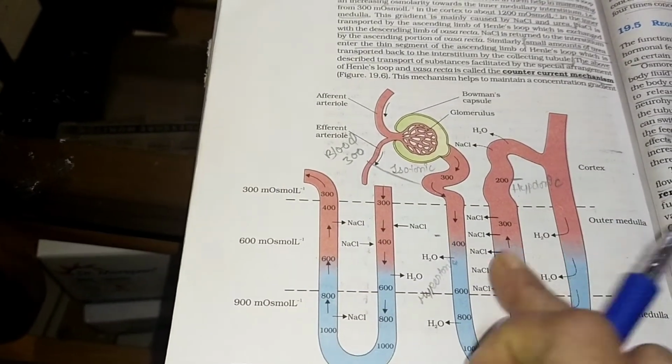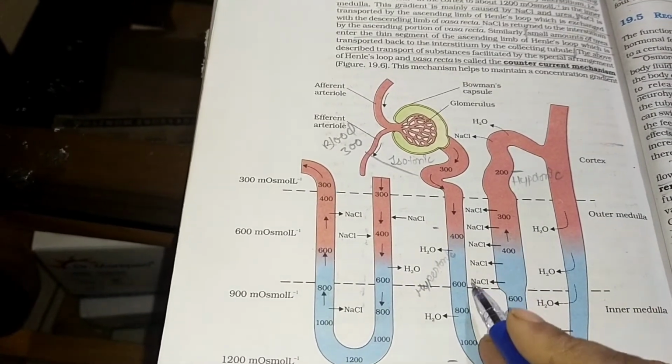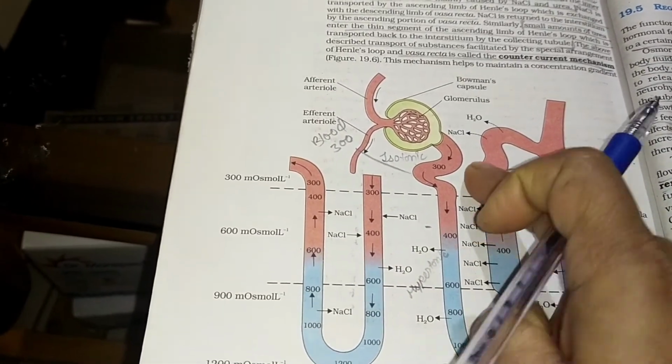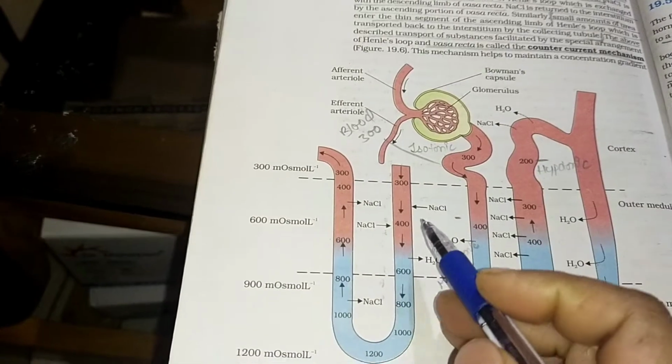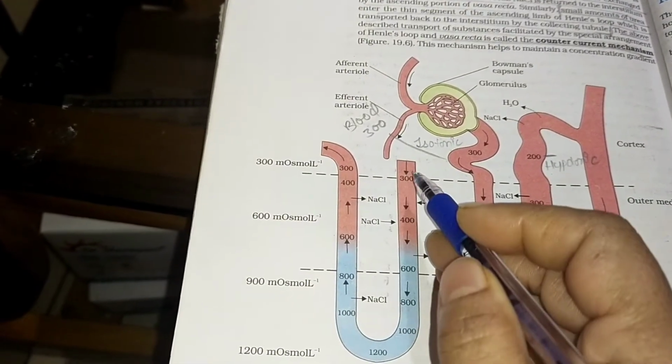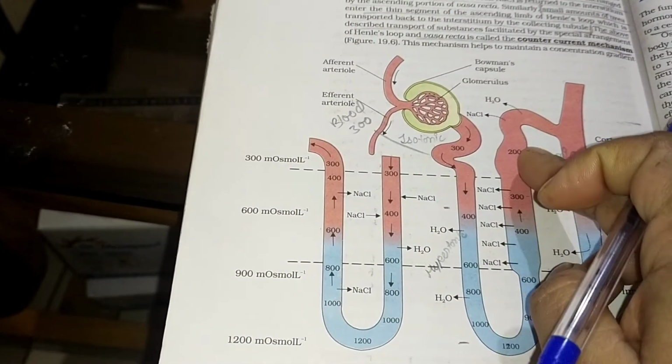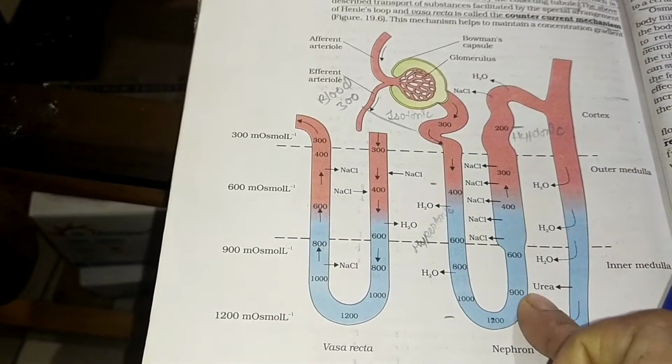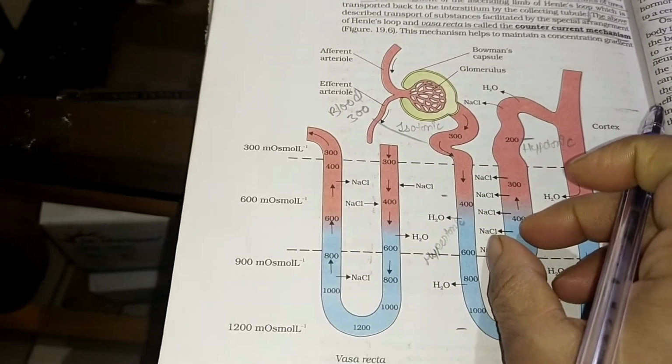In the same way, the NaCl released by the ascending limb of Henle's loop is accepted by the descending limb of vasa recta, which is present side by side with the ascending limb of Henle's loop.